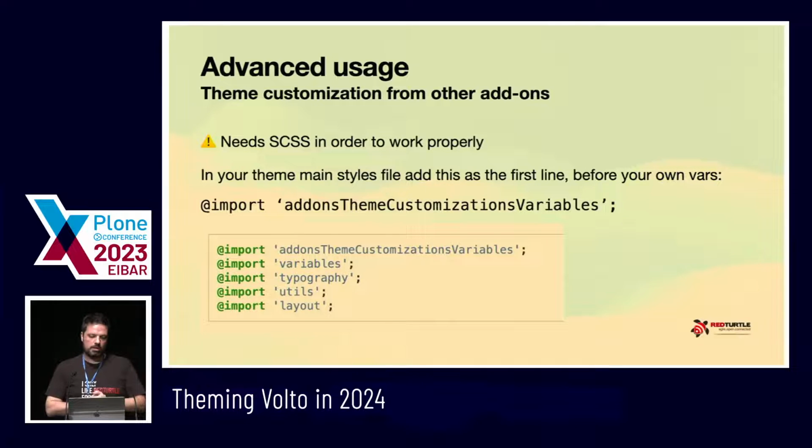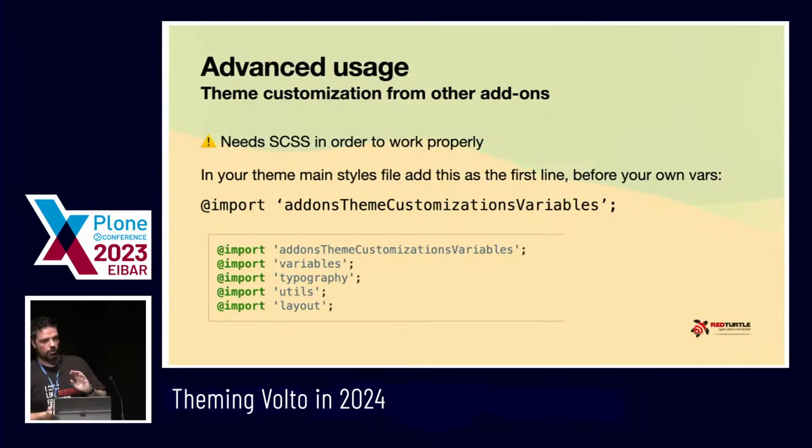How does this work? Your Razzle will get from its own add-on registry the list of all the add-ons that you have configured in your Volto project, and will look for a specific file with a specific name that I'll show you later, and will merge all the styles that are in those files, create a temporary file, and import it with this name.